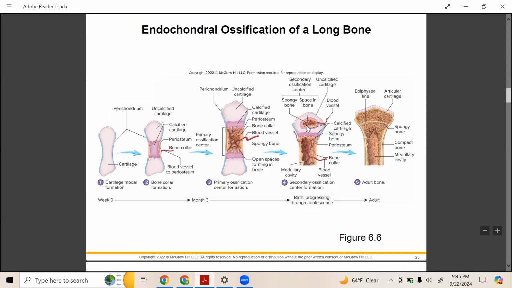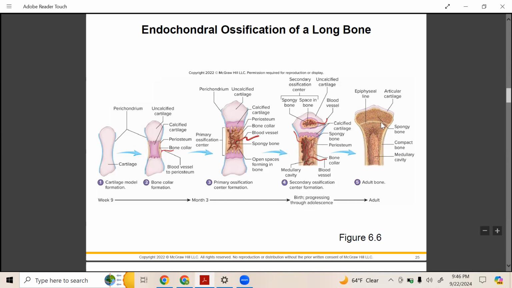You'll see a secondary ossification center form in the epiphysis. And so now we have the medullary cavity, or that center portion of our diaphysis, and some spongy bone in the epiphysis. And that will continue to remodel until we have compact bone on the outside, spongy bone on the inside.